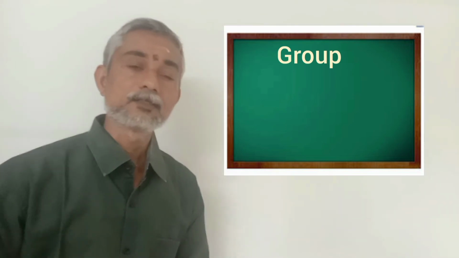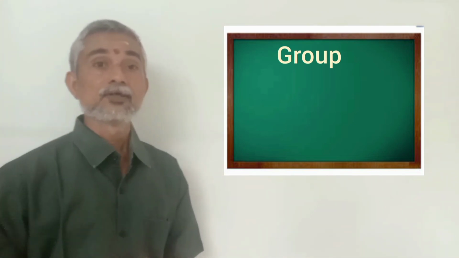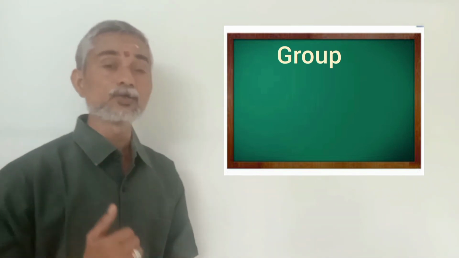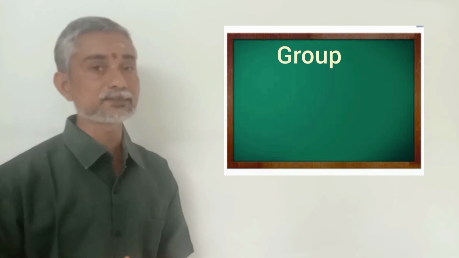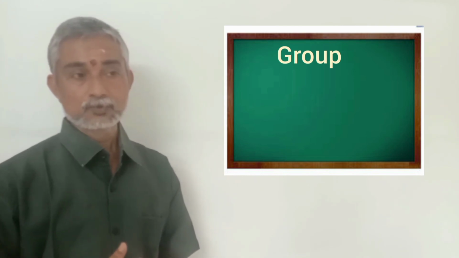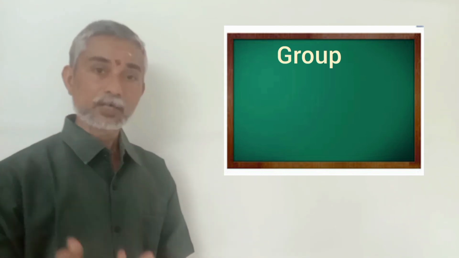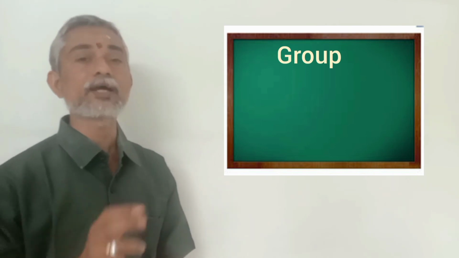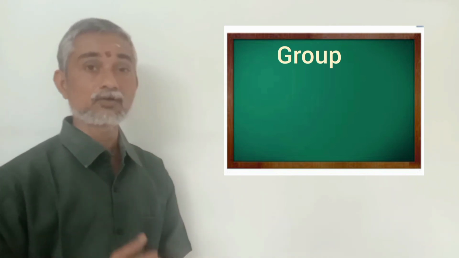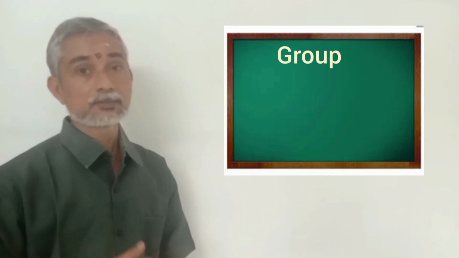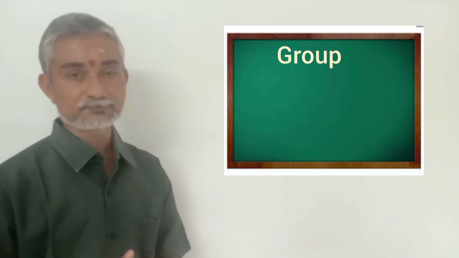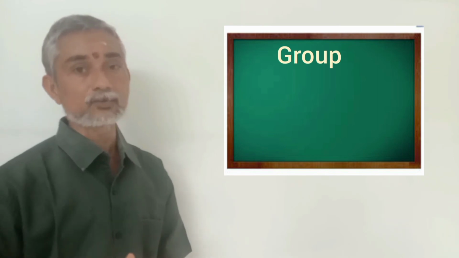Now see the last part, that is the group. Block we have seen, period, and the last one is the group. Knowing the block, period and group, we can find the position of the element in the periodic table. So how can we find the group?